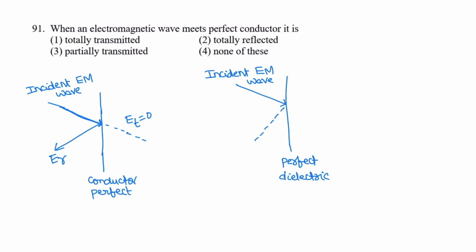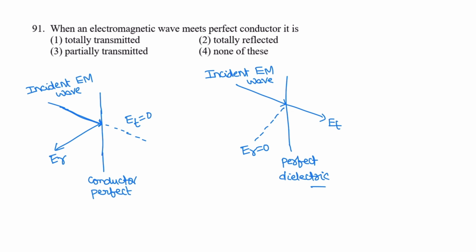So the electromagnetic wave is totally reflected when it strikes a perfect conducting surface, so there is no transmitted wave component. A perfect dielectric medium behaves like a perfect transmitter of EM waves. In this case the reflected component is 0 and the complete wave is transmitted.